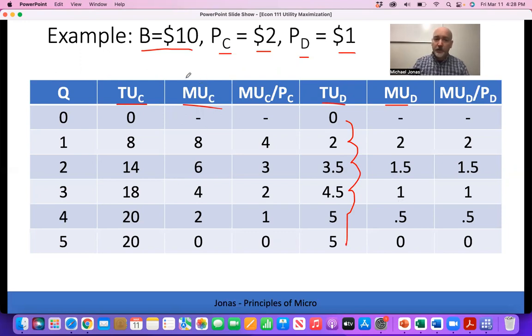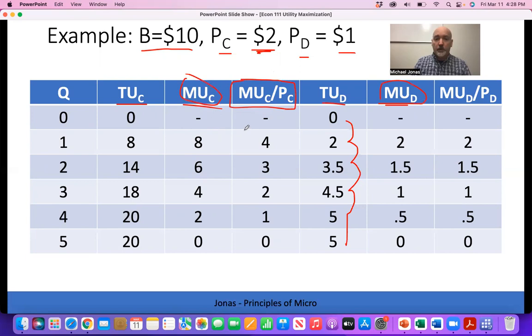But we can't just compare marginal utility from one good to the other. It's got to be utility gain per dollar spent, right? So that's where these columns come from here. We simply take the price, in this case, the price of coffee of 2, and divide that into the marginal utility, right?